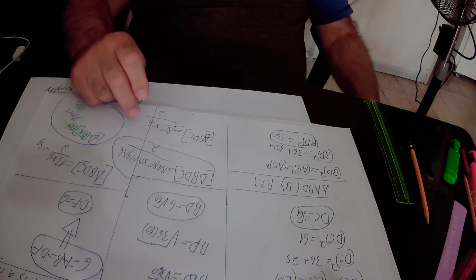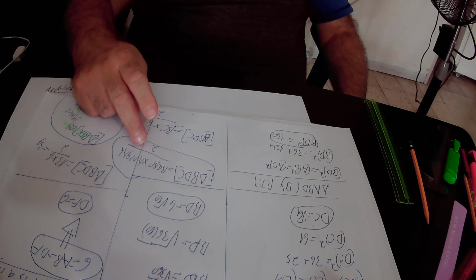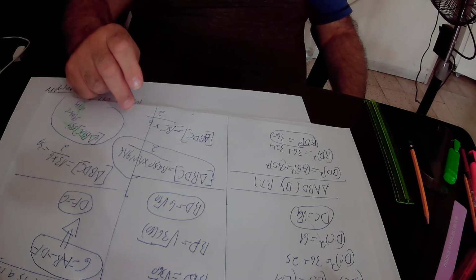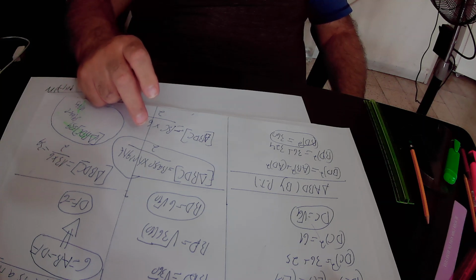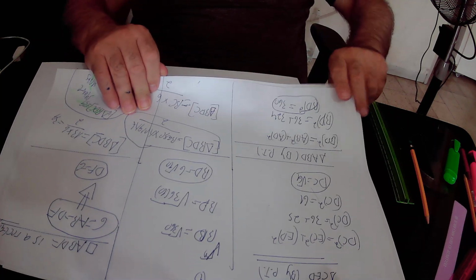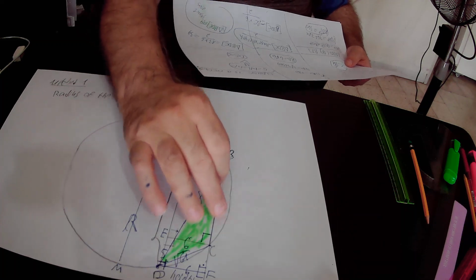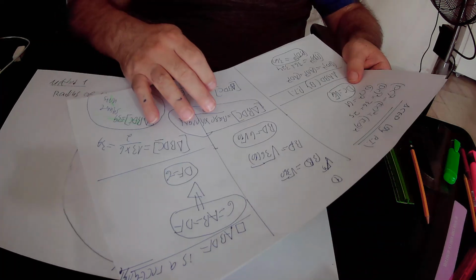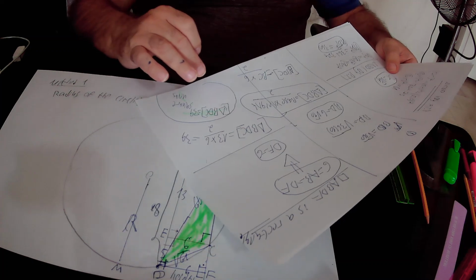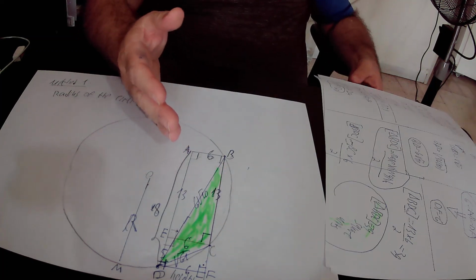I must emphasize that the height to the base must create 90 degrees with the base. And the area of triangle BDC equals the base times the height over 2. We choose the base of the triangle as BC, so we substitute the base by BC times the height over 2. What is the height of the main triangle BDC?